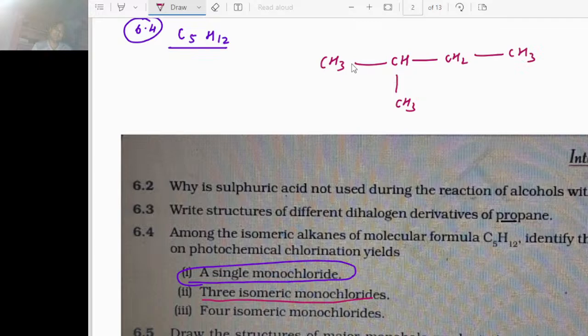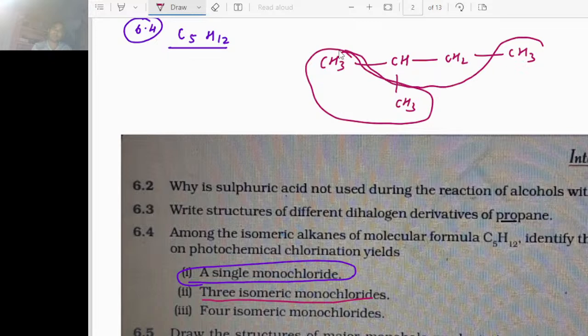Now these hydrogens are identical, okay. This is also identical, they are all methyl groups, student. So all methyl groups, any of the hydrogens you replace, you will get the similar compound. So if you replace any of the hydrogens here, you are going to get one type, right?